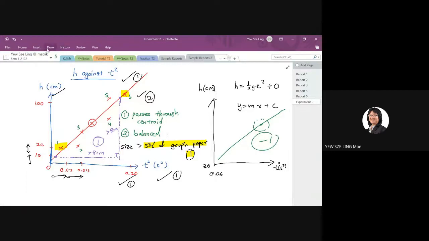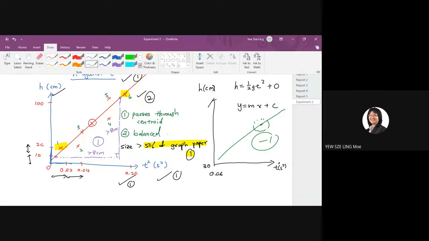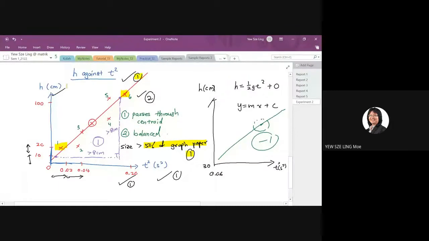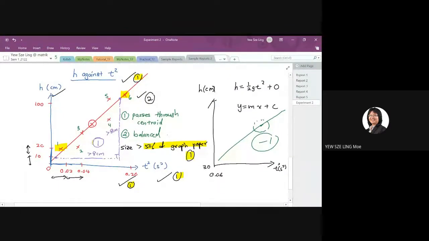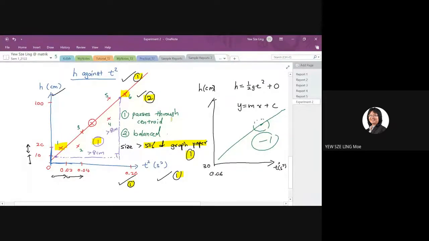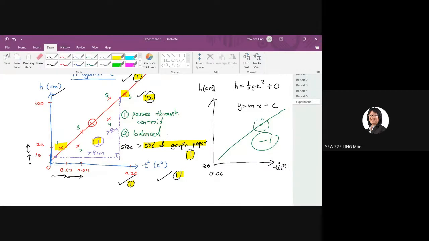So the graph itself, if we calculate it, is actually quite a lot of marks. 1, 2, 3, 4, 5, 6, 7. 7 marks altogether for just one graph. And of course, a centroid, but the centroid must come with calculations.